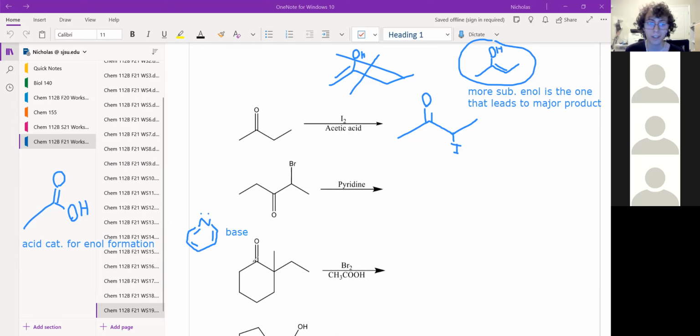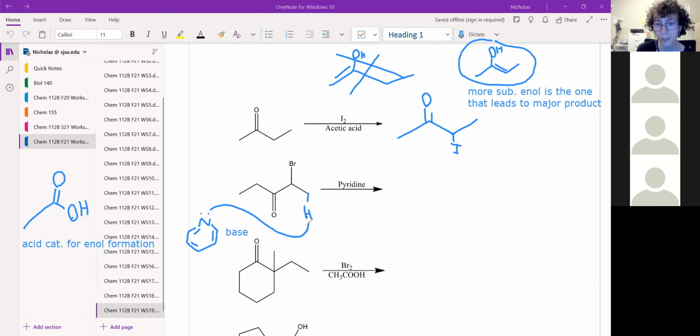And if we add a base like this to a structure like this, I suppose it could do multiple things, but what's one thing it can do? Considering we have this bromine here, what kind of reaction can happen? Acid-base reaction. Yeah, but specifically, we have a hydrogen here and we have a bromine here, which can act as a leaving group.